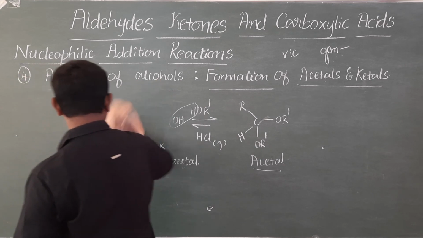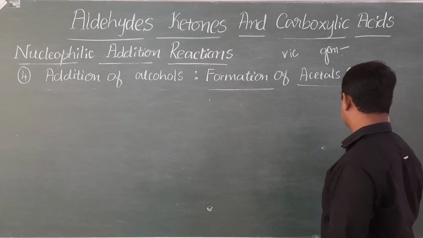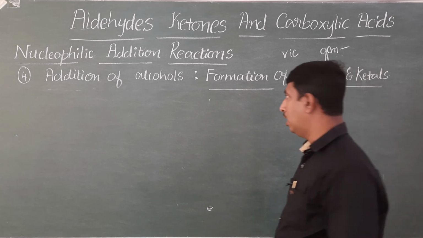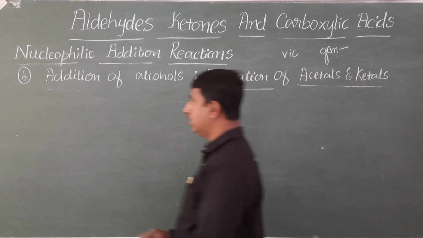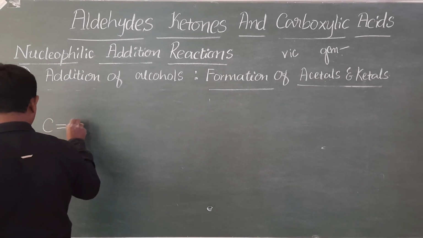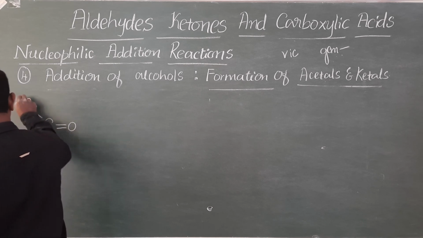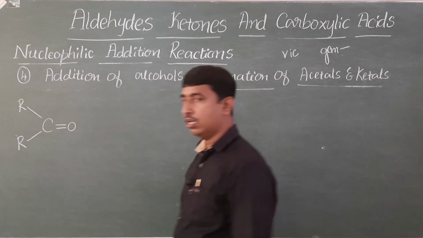Let us see the reaction of ketones with alcohols. Formation of what? Ketals. I will write the formula of ketone. It is C double bond O, and both remaining two groups are alkyl groups.